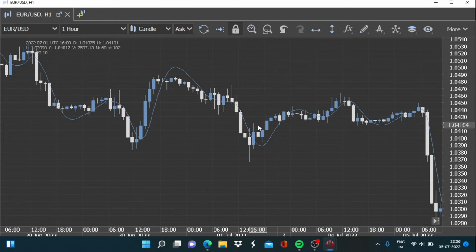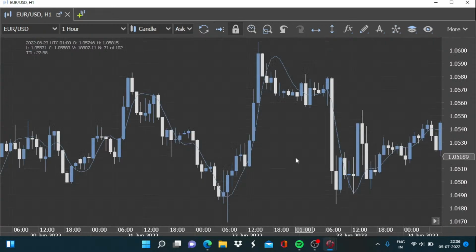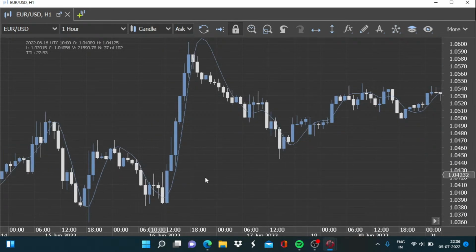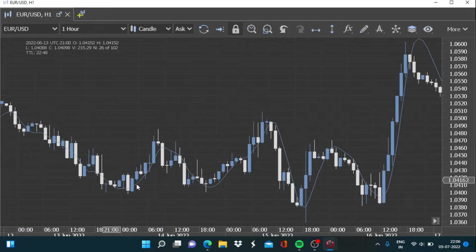As you can see in today's session itself, there is not much of a difference between these closing values and the Hull moving average prices. And even if we go back in time, regardless of the sharp price moves, it follows the price moves quite closely, and there is not much of a lag. At the same time, the curves are quite smoother.